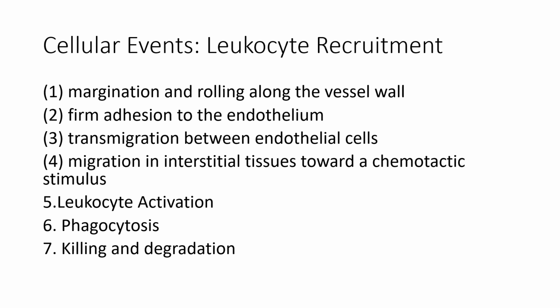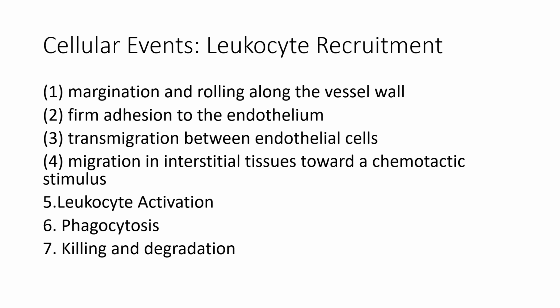The first event includes margination of the leukocyte to the endothelial surface, along with a transient adhesion between the leukocyte and the vessel wall. This is followed by firm adhesion of the leukocyte to the endothelium. Then we have transmigration of the leukocyte between the endothelial cells.